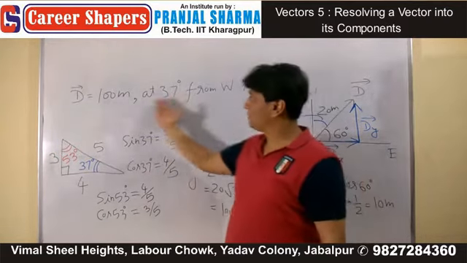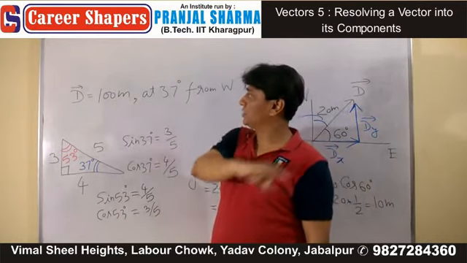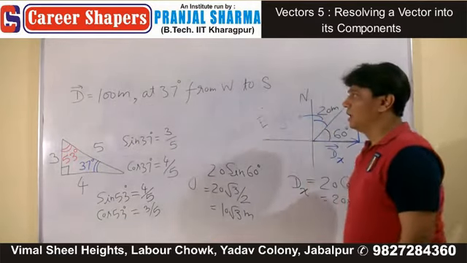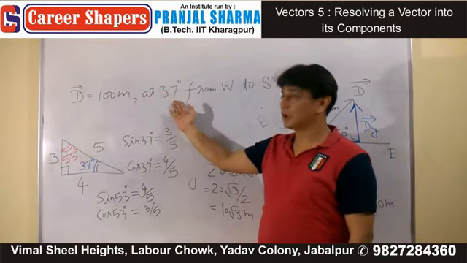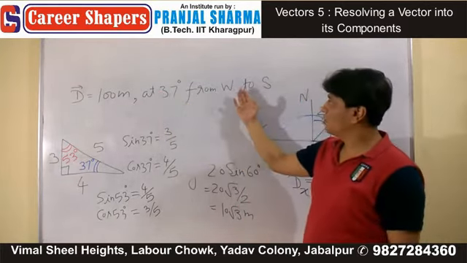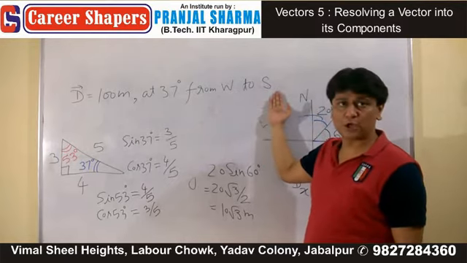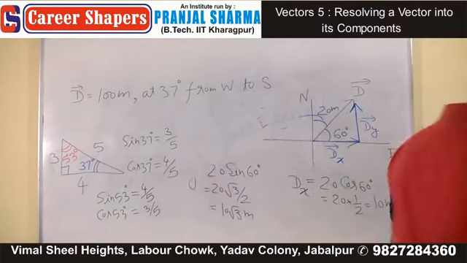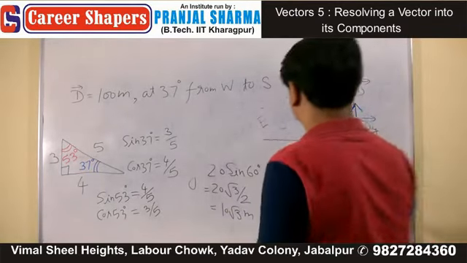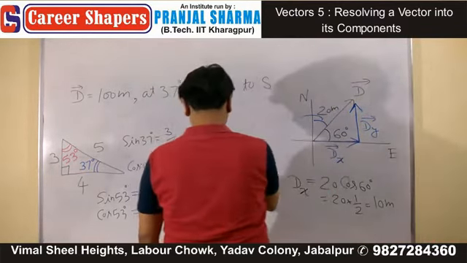Now, you have your question. Write down the answer in the comment box. A displacement of 100 meters at an angle of 37 degrees from west to south, resolve it into proper components. Do it fast.